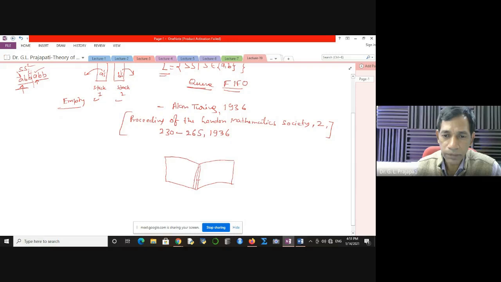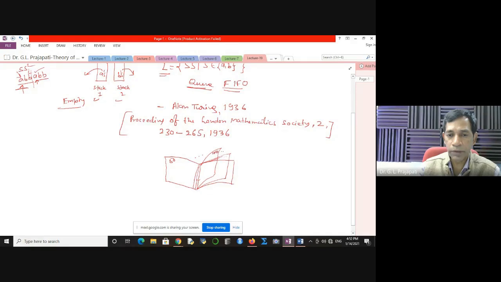You can have many pages, any number of pages like this. Say this is page number 50, and this may be page number 100.